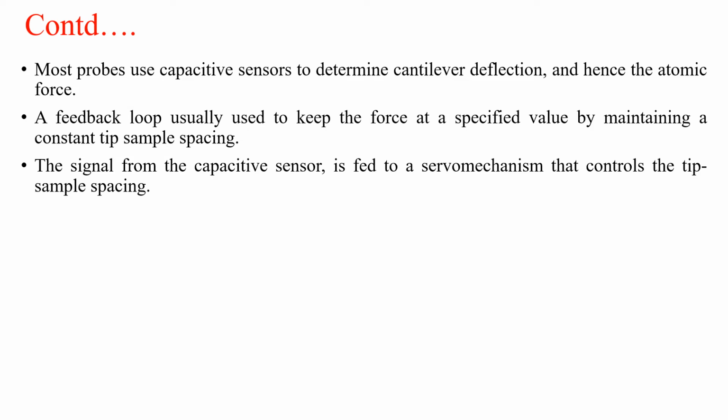It also has a feedback loop, which is usually used to keep the forces at a specified value by maintaining a distance between the tip and the sample. The signal from the capacitive sensors is fed to a servo mechanism that controls the distance between the tip and the sample. So likewise we get an image on the screen.